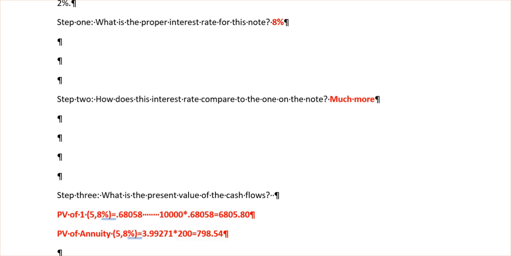The trick is generally PV of 1, except for the first line in a table, is going to be less than 1. And generally when we look at an annuity, annuity values are going to be greater than 1. And they are really pretty close to the number of periods. So if I look at this, I'm going to say this is close to 4 and that's 5.